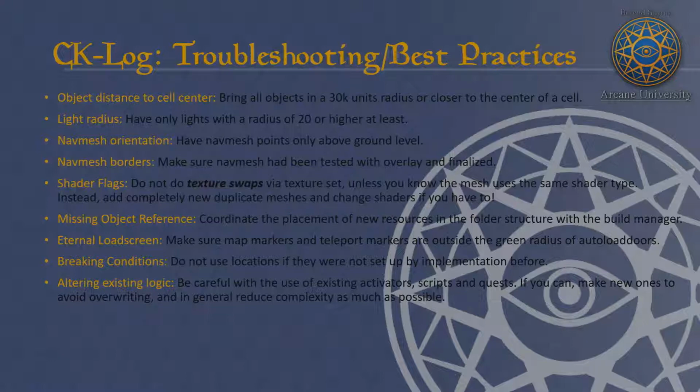Missing object references can happen. This is basically when something has been deleted that should not be deleted. And here you need to talk with people, especially about where you place new resources and what the names of the folders are. Usually, if it exists somewhere, you can look for it in your build, and you should find it in the folders if you look for the name and the naming terminology is clear.